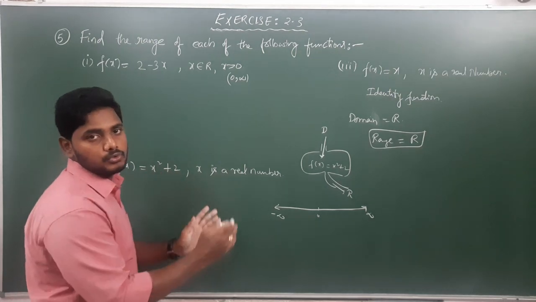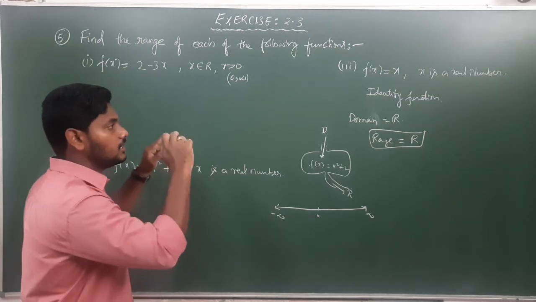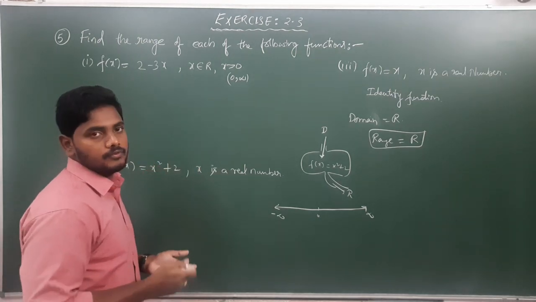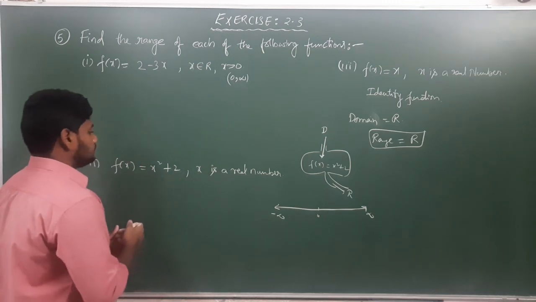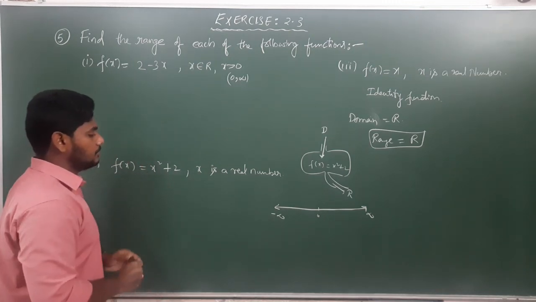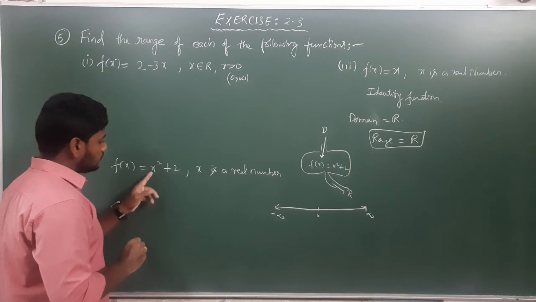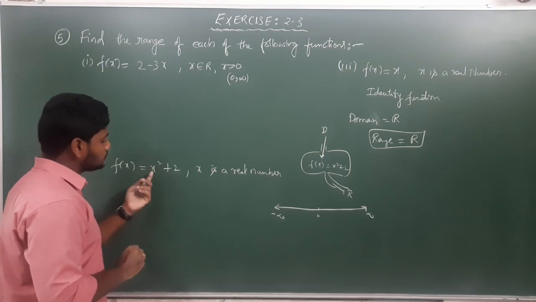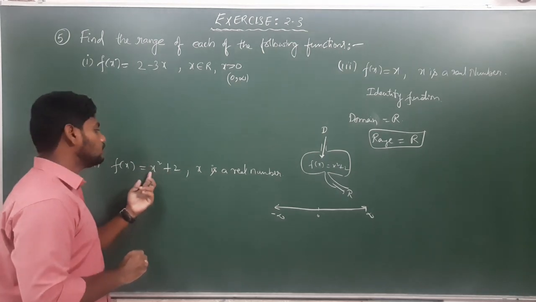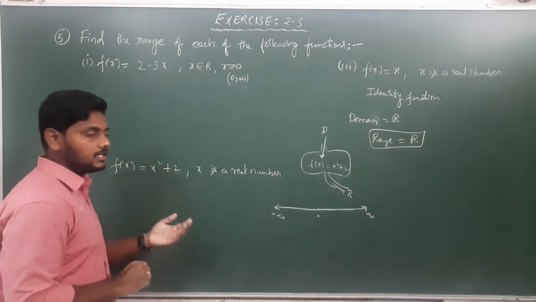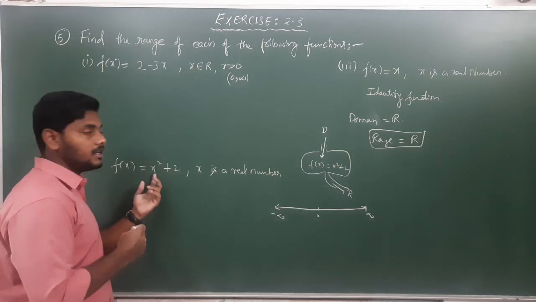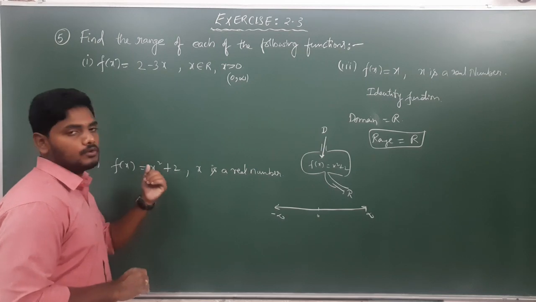It may be from 0 to 3 or 0 to infinity, open bracket or closed bracket, we need to write. If you substitute minus 1 whole square, 1 plus 2, 3. If you substitute minus 10 whole square, 100 plus 2, 102.